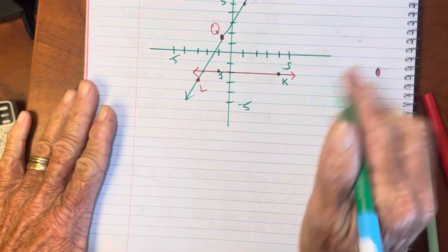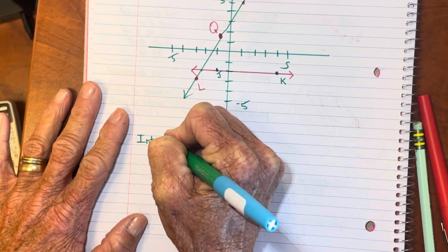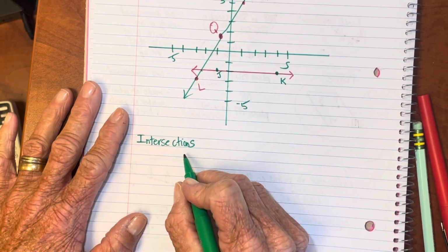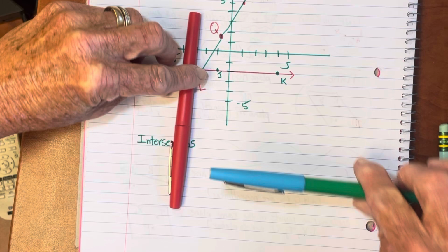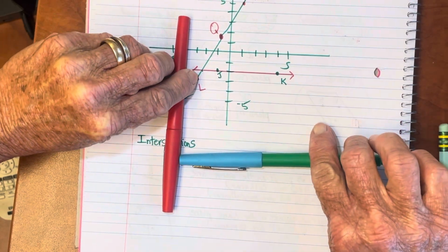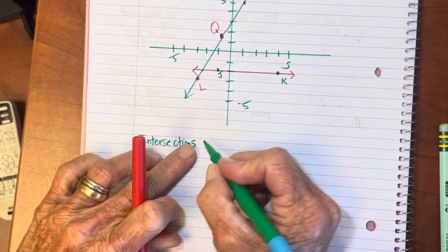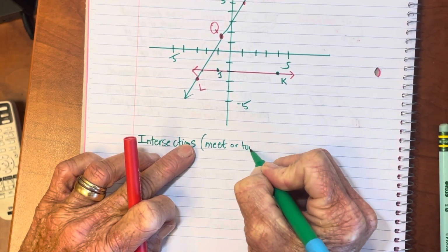Okay? I forgot. I do have one more thing to say. Sorry about that. Two quick facts about intersections. If something intersects, you guys know what an intersection is. A1A and Pineda, they intersect. Pineda heading to the beach, A1A, they meet. To intersect always means that they're going to meet or touch.